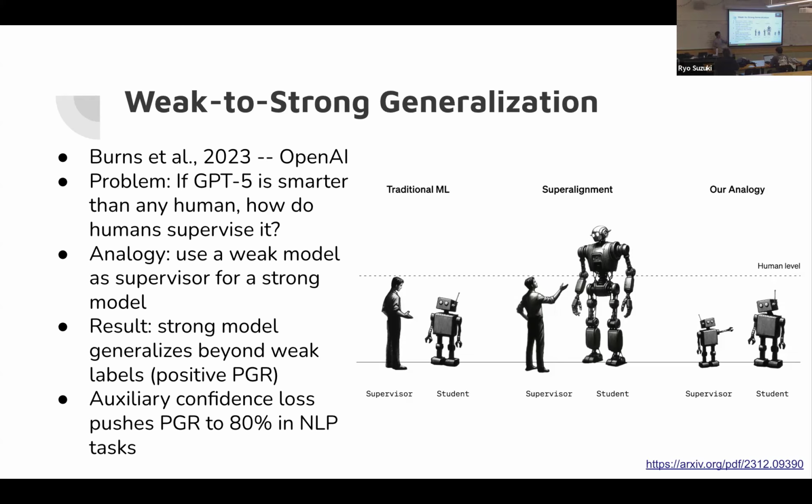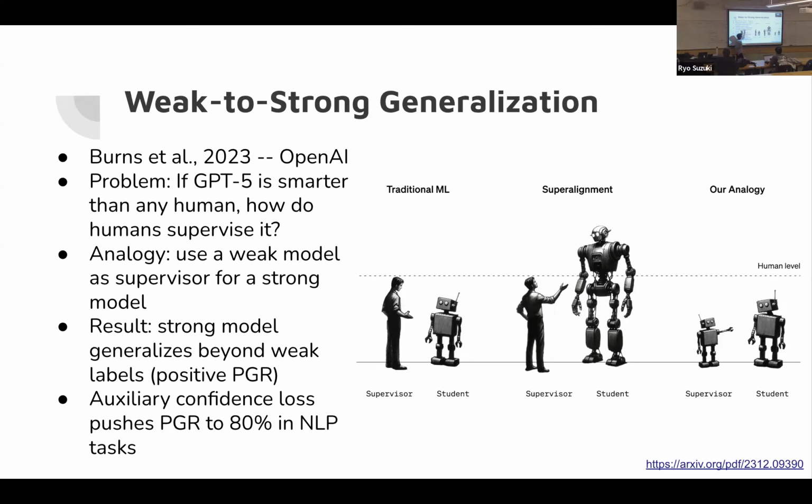If GPT-5 or GPT-6 becomes smarter than humans, then, as an analogy, right now the human is supervising the robot as a student. But if the student becomes stronger or smarter than the human, how could the supervision happen, if they are even going to listen to the humans or not?